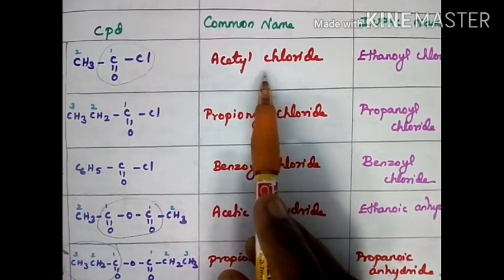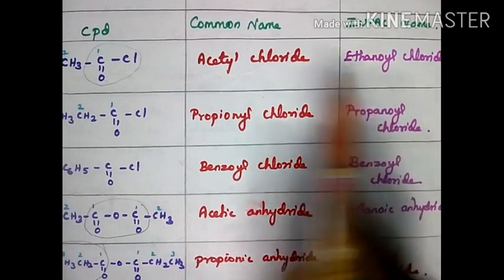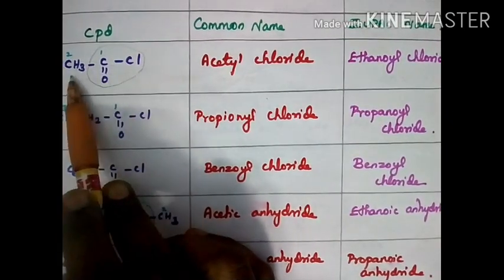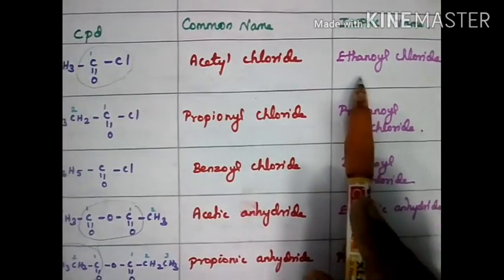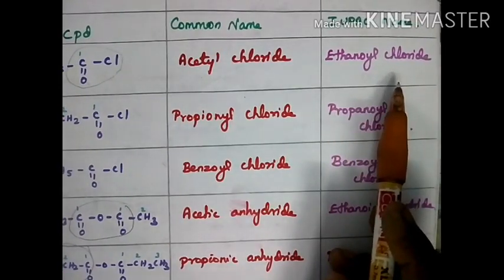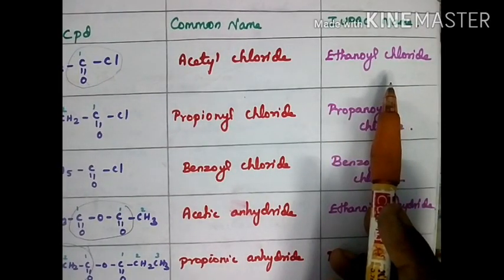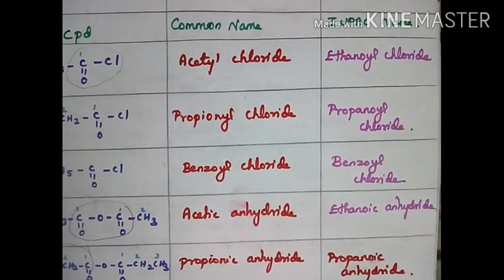Acetyl chloride. How to write the IUPAC name? 2 carbon atoms there, no? 1, 2. So it is ethanoyl chloride. And now the next compound is CH3CH2COCl.